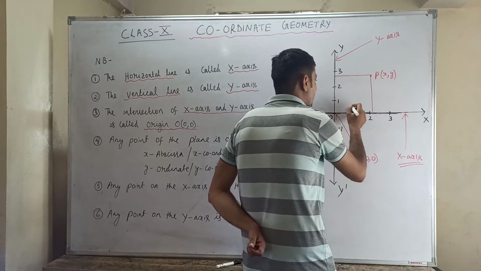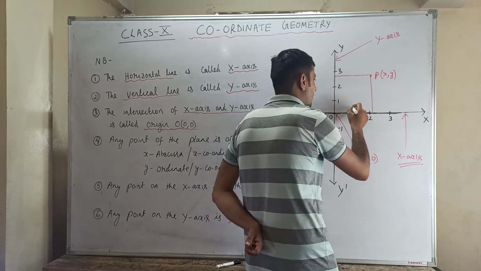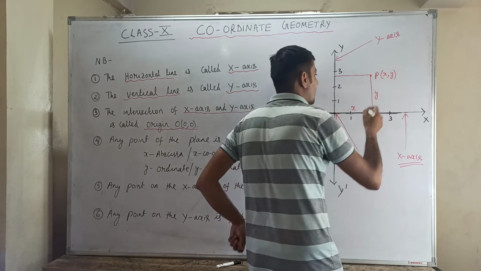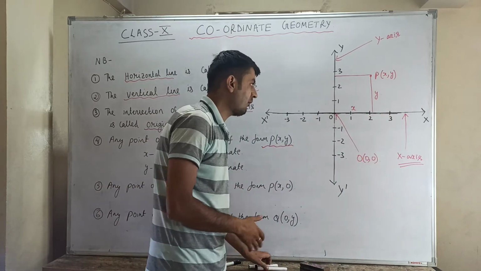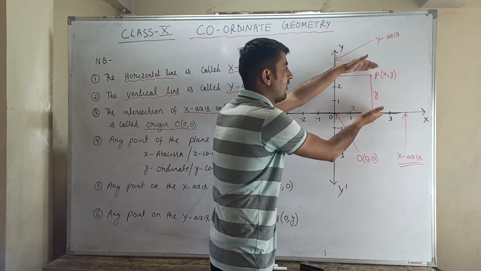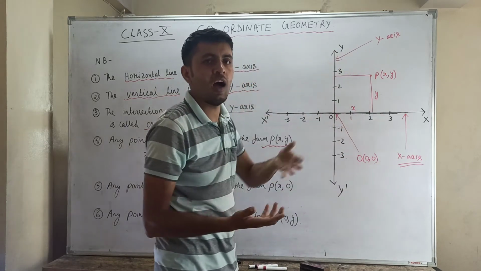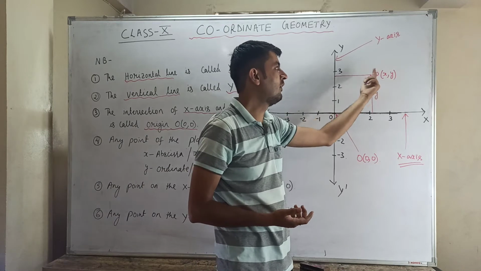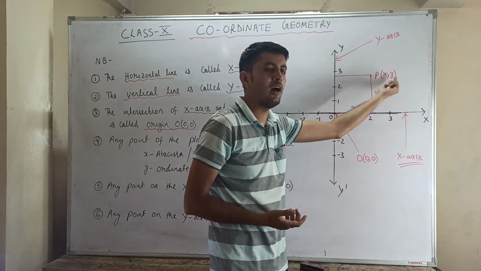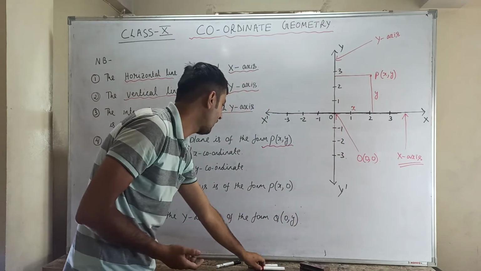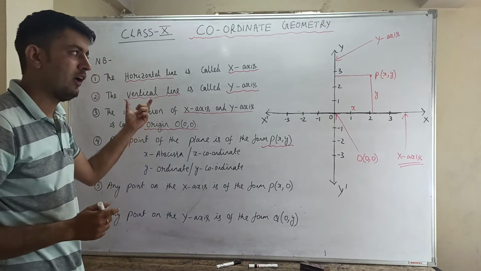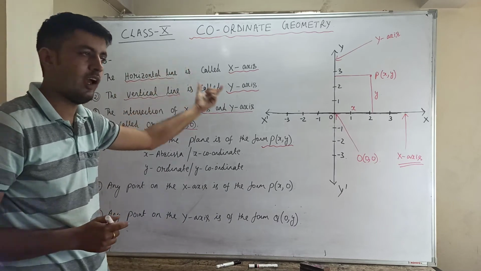So this distance represents your x, and this distance represents your y. So whenever you mark any point, it is of the form P(x, y). These are the basic concepts that you have to know.